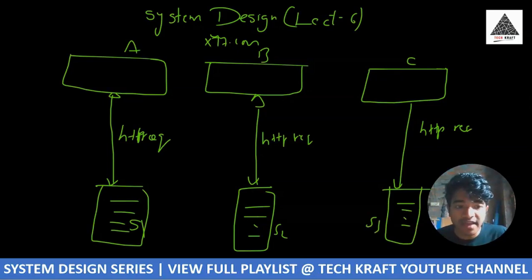This xyz.com website has three servers, which means this website is maintaining three servers. Client A's information is stored in server 1 but not in server 2 and server 3. Client B's session data is stored only in server 2, not in server 1 and server 3. Client C's session data is stored only in server 3.